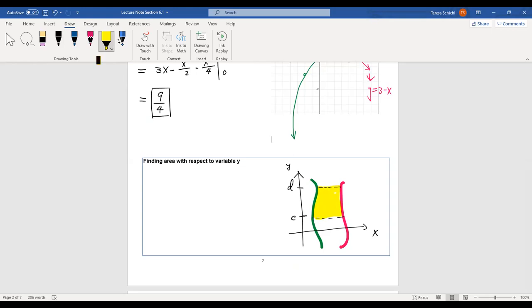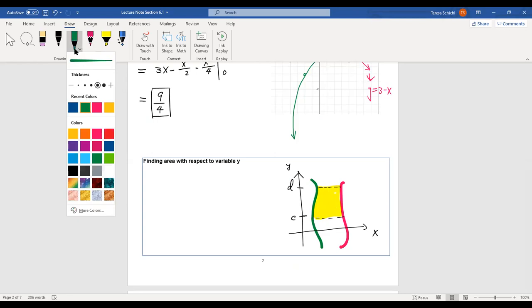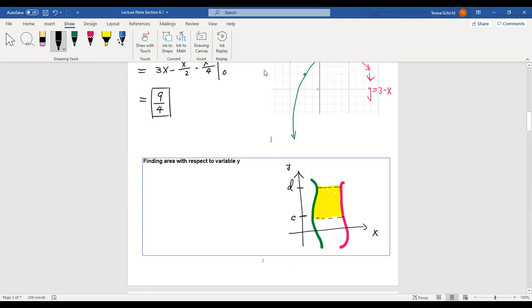For this type of function, the green one, instead of y equals f of x, we have switched the axis. We say this one here is what? x is equal to what? g of y.